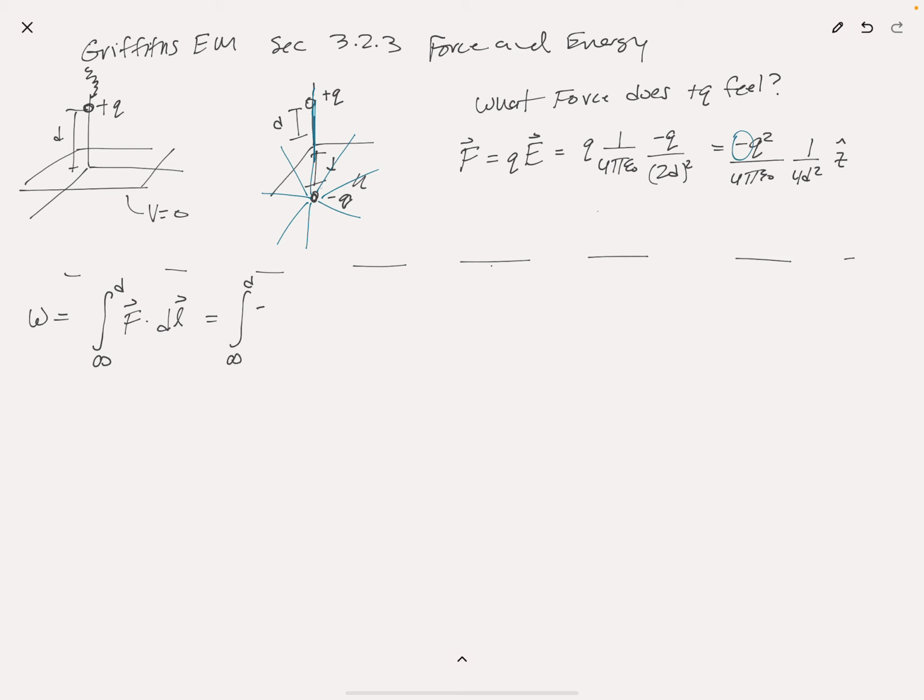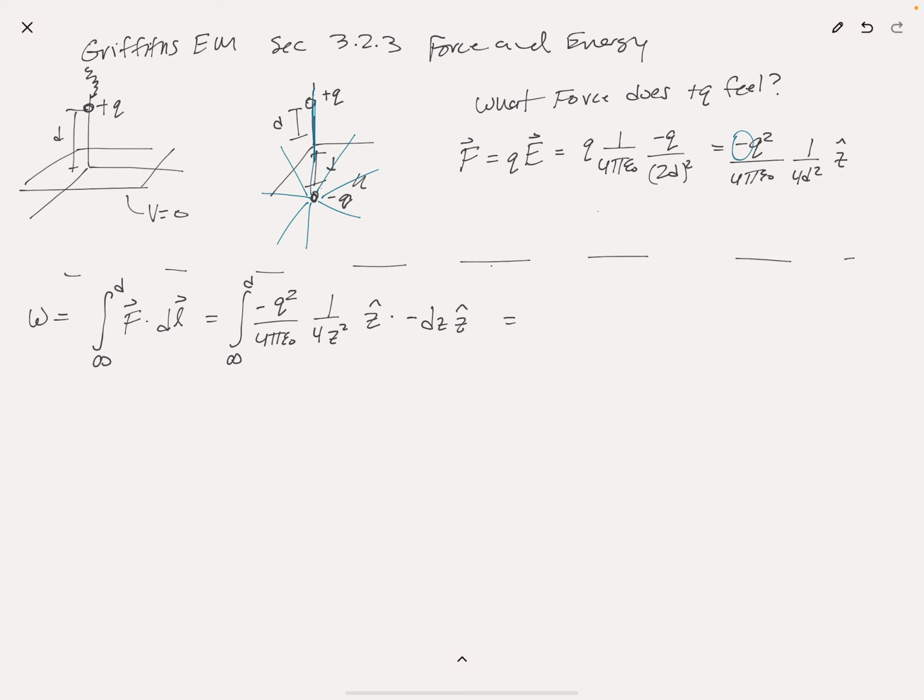The force that it feels is minus q squared over 4 pi epsilon naught, times 1 over 4. Now instead of saying d, because it's not always at a position d, it's at a position generally of z, so 4z squared, z hat, dotted with the path that I take. Well, the path that I take is going to be negative dz in the z hat. That's the easiest path that I can think of: just follow along the z-axis all the way down.